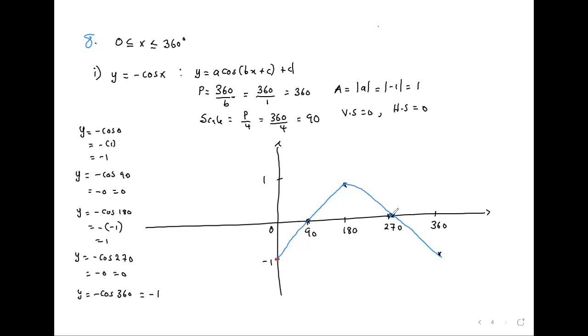This guy. Okay. Yeah, that's 270 there. So that's how the graph of that goes. So to avoid issues of memorizing, that's how graphs should be coming out.